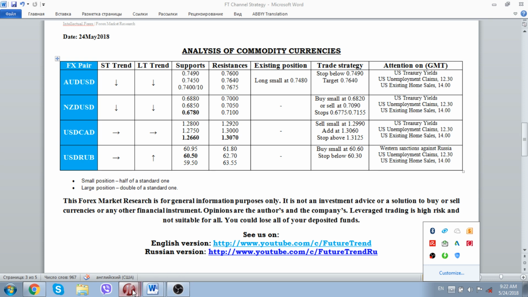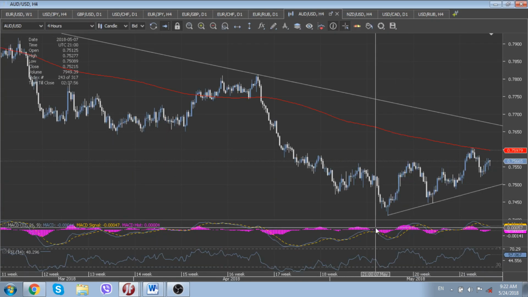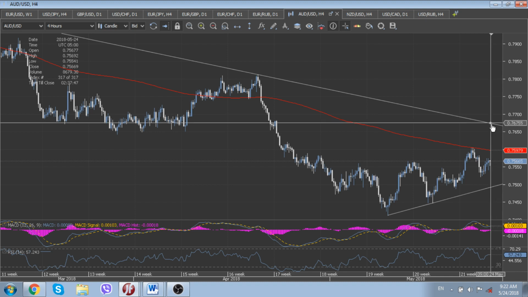Let's see the chart at the moment, and as usual we start with the Australian dollar, which is at 75.66 at the moment. We still keep our long trade recommendation, and we suggest that in the coming sessions the pair could extend its rise and possibly reach its 2018 downtrend located around 76.70.